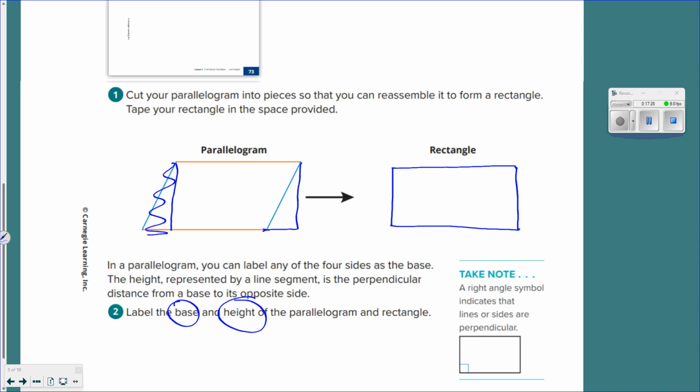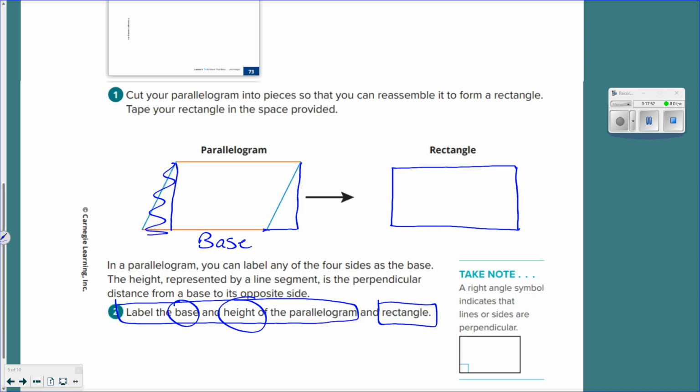Base times height. So we're going to label the base and the height of the parallelogram and the rectangle. So who can tell me where the base of my parallelogram is? Okay, I would say it's the bottom as well. Base means bottom, yes?